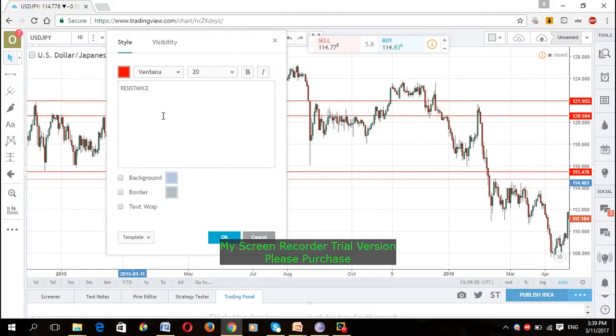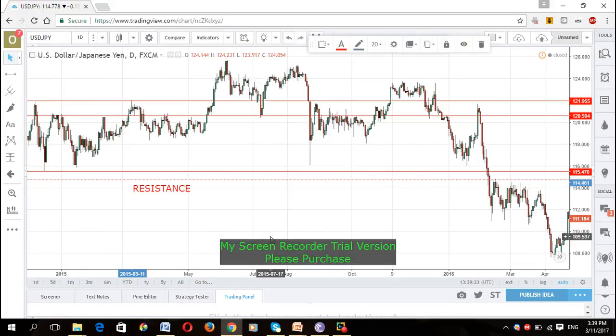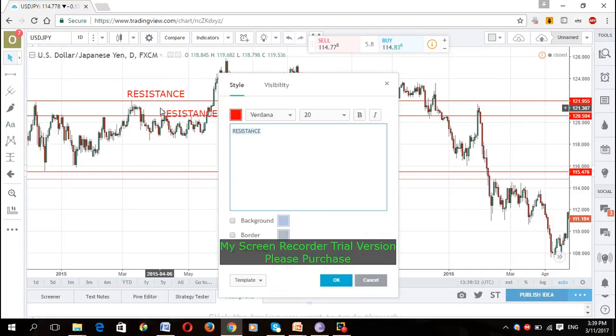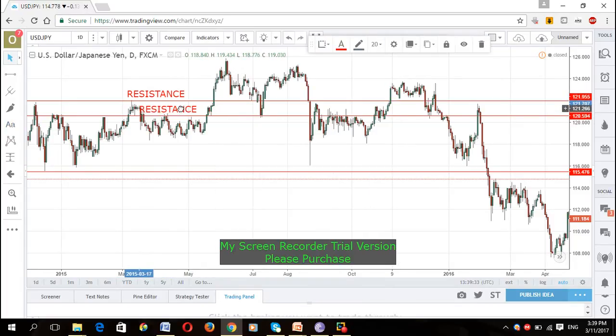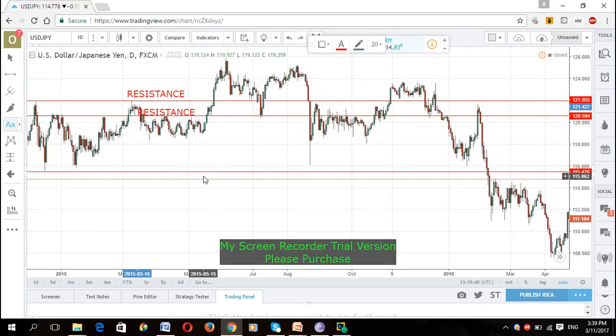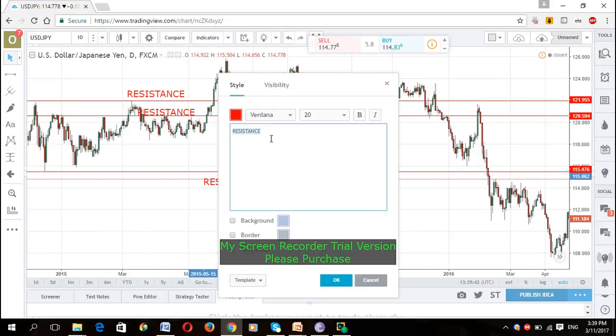Let's just start with the resistance. Let's say this, I said this was my first resistance, right? And then this one also I saw as a potential resistance line. And then here I said was my potential support. So support.